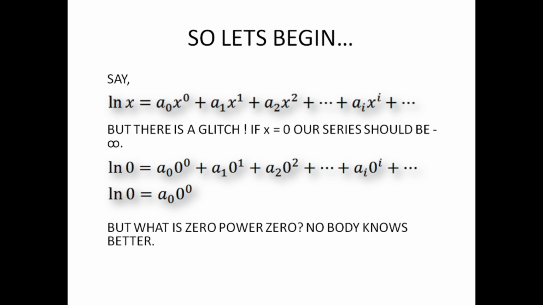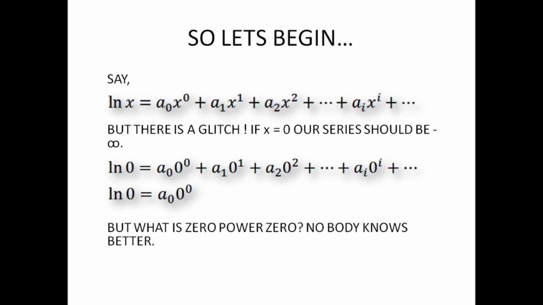Say ln x is equal to this power series expansion, a0 x power 0 plus a1 x power 1 plus a2 x square plus a3 x cube plus so and so, a_i x power i, plus so and so. But there is a glitch. If we put x is equal to 0, our series should be infinity.